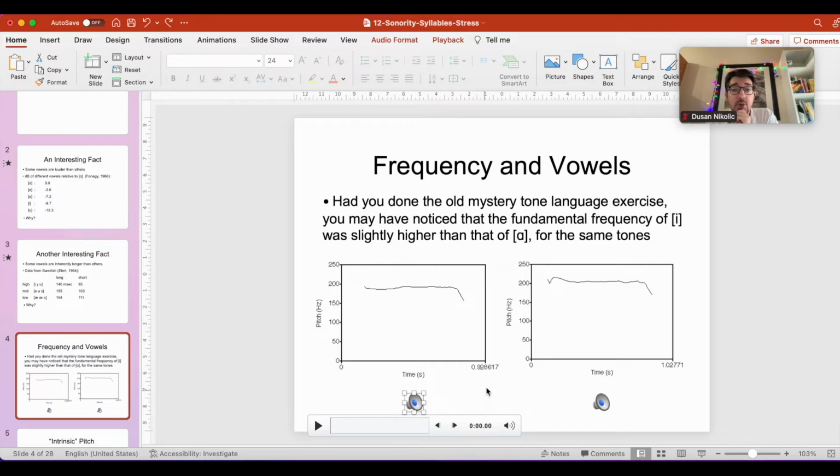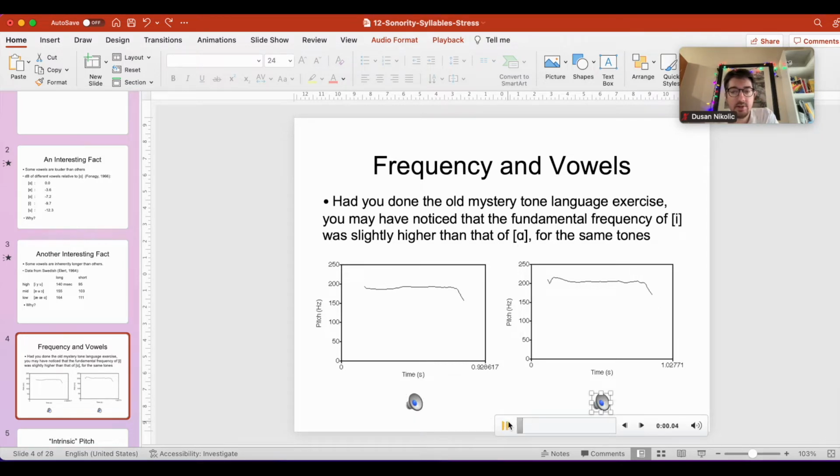And this is a tone language. This tone is supposed to be the same for both, right? However, the right hand side shows a little bit higher F0 or fundamental frequency, and this is where they produce E, in comparison to A, and E has an intrinsically higher frequency.